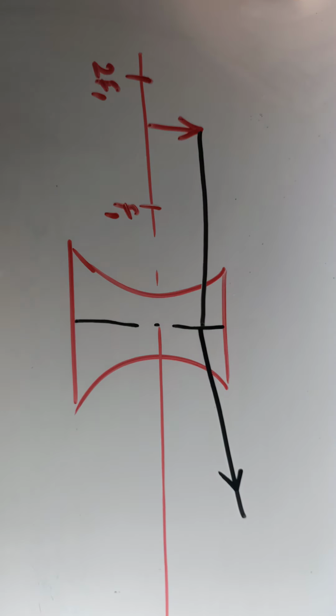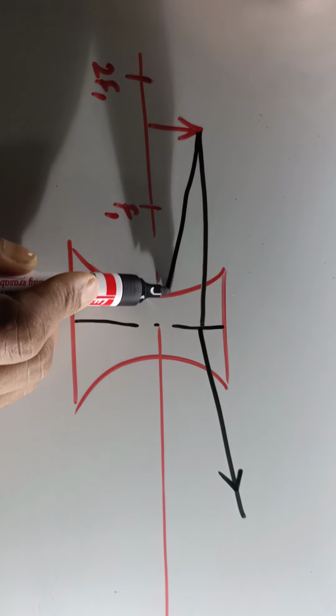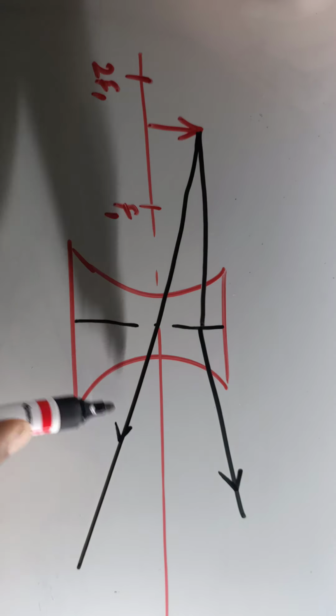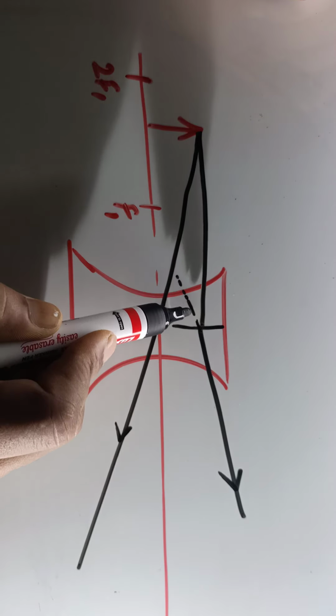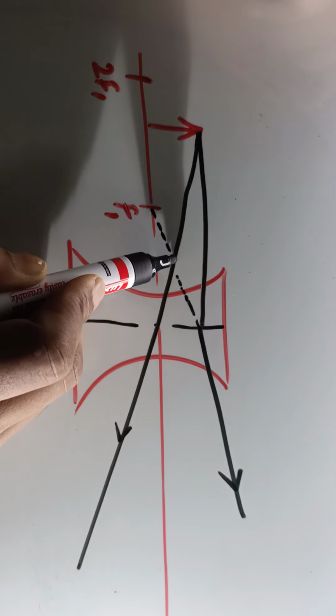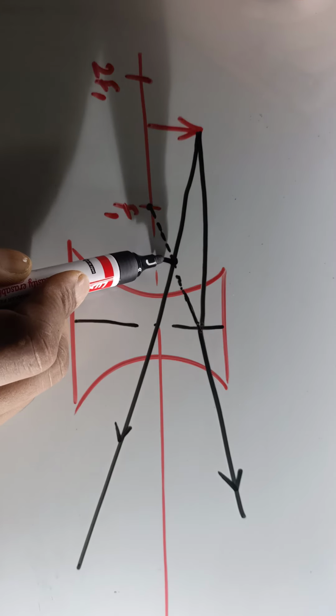Then you have another ray of light passing through the optical center. So you need to extend the ray of light which appears to be emerging from the focus. You find that these two rays of light meet here.